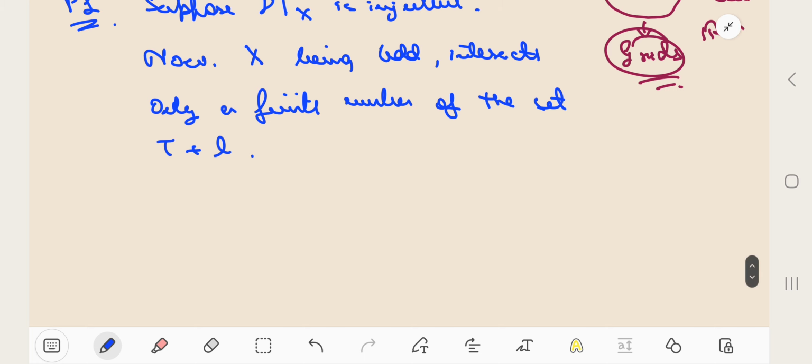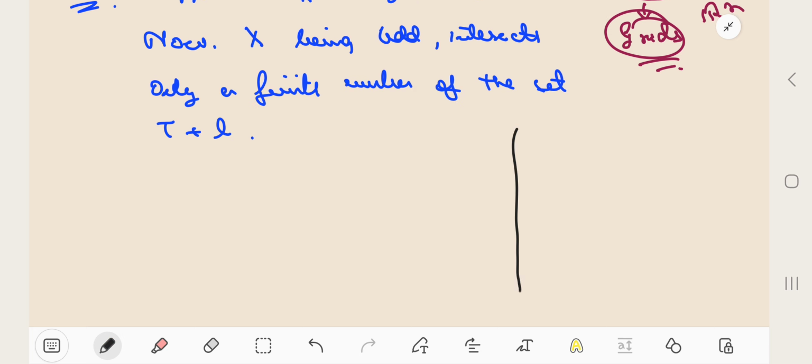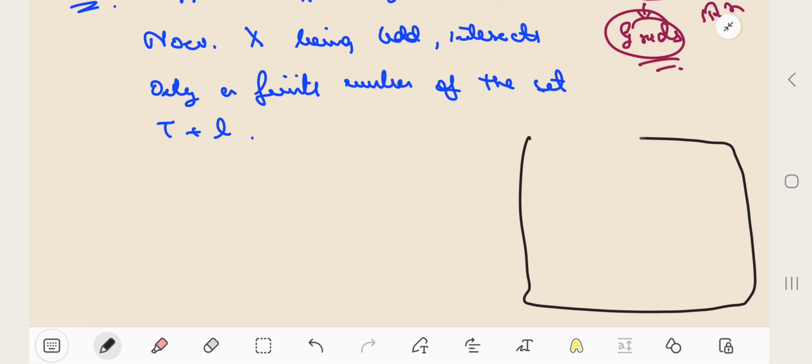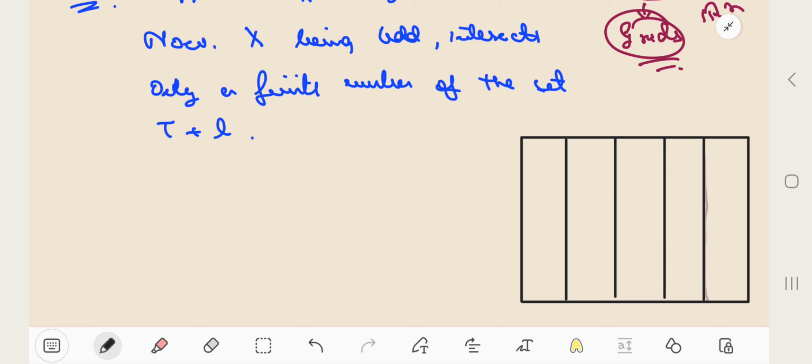Let me just clarify this diagrammatically. It's a bit complicated to talk about, so rather let me form a grid to be precise. So I have the sets T plus L of this form, and I am just gridding out this portion.